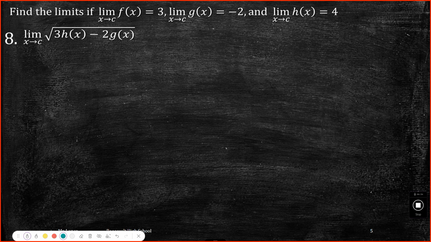So let's do it. I can factor out the 3 outside of the limit. So this is going to be 3 times the limit as x approaches c of h of x minus 2 times the limit as x approaches c of g of x.